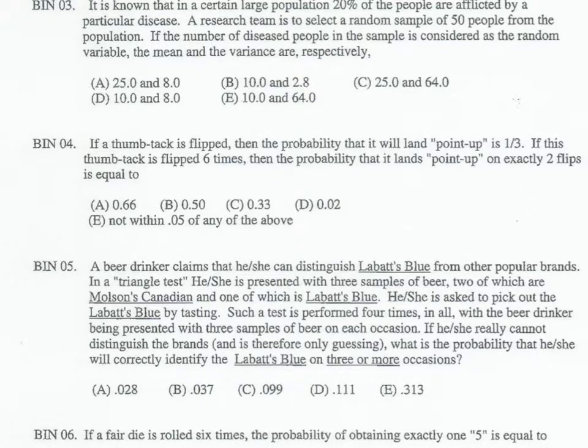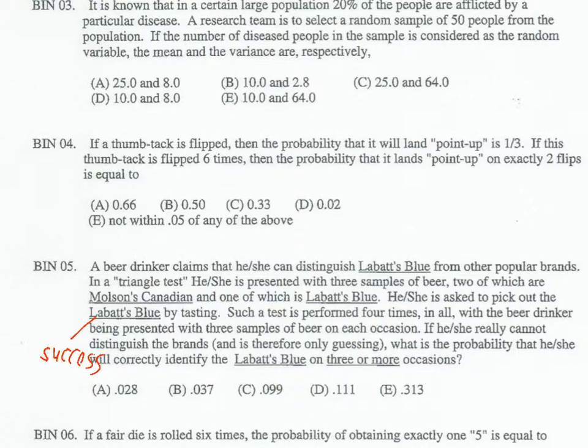All right, let's do number 5. We're told about a beer drinker who's presented with 3 samples of beer, 2 of which are Molson Canadian and 1 is Labatt's Blue. What we're interested in this problem is that the person pick out the Labatt's Blue. Okay, so the Labatt's Blue is the success.